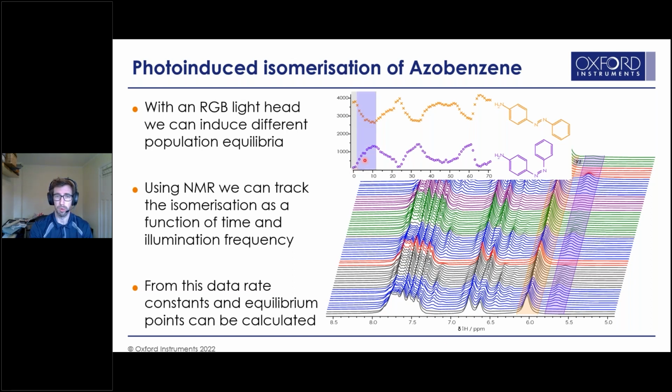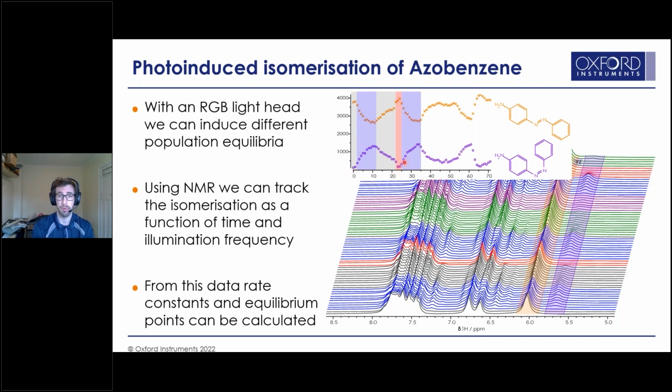and then we turn on our blue light, we can see that we drive the population to some equilibrium position. If we then go dark again, we see that that slowly decays back to our initial conditions, but never quite gets, in this case, to that starting point. By illuminating that very quickly with red light, we can drive those two populations back to their initial starting conditions, essentially our dark state.